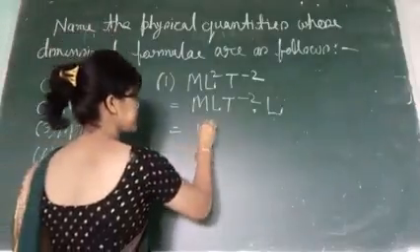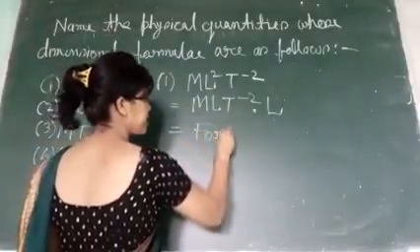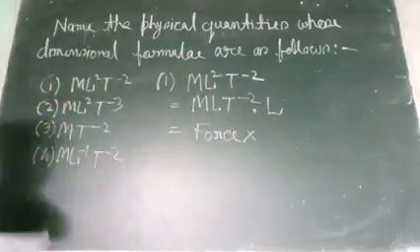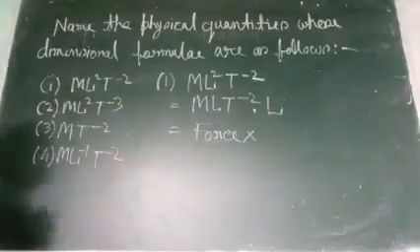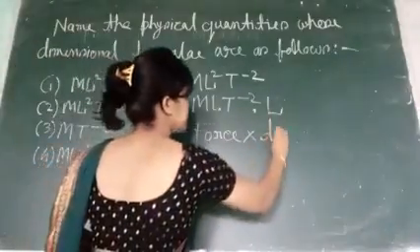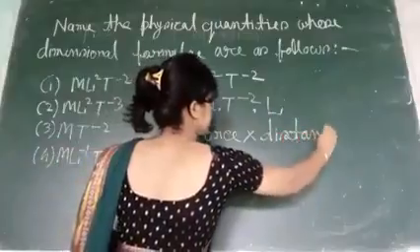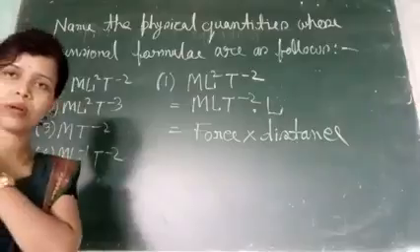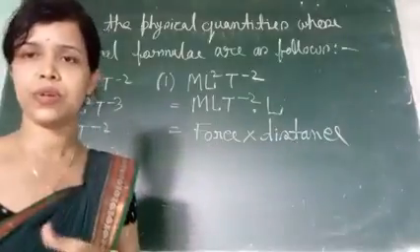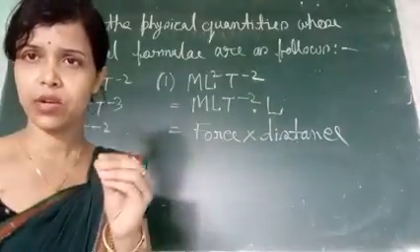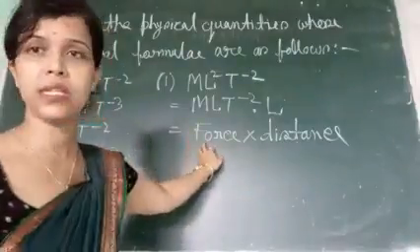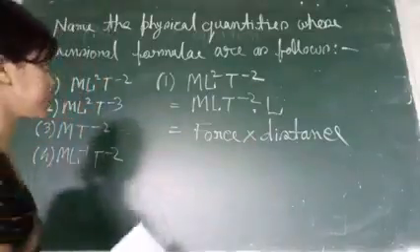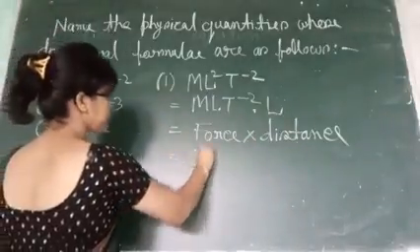So this is force, and L is the dimensional equation for distance. So force into distance gives us the name of the physical quantity. Force into distance means this is work done.